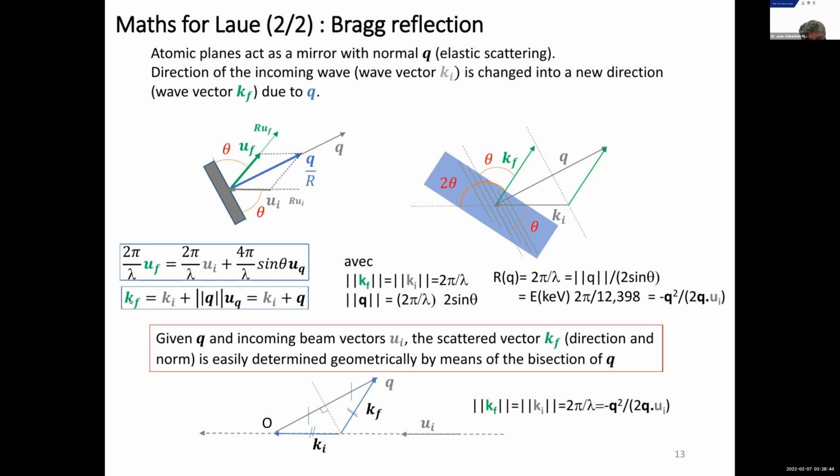The outgoing wave vector is equal to the initial one plus something which is along the direction given by the Q vector, the normal of the surface, and the amplitude of this shift between the two vectors depends on the norm of the Q vector. So given the Q vector and the incoming beam vector Ki, we can calculate the Kf vector.